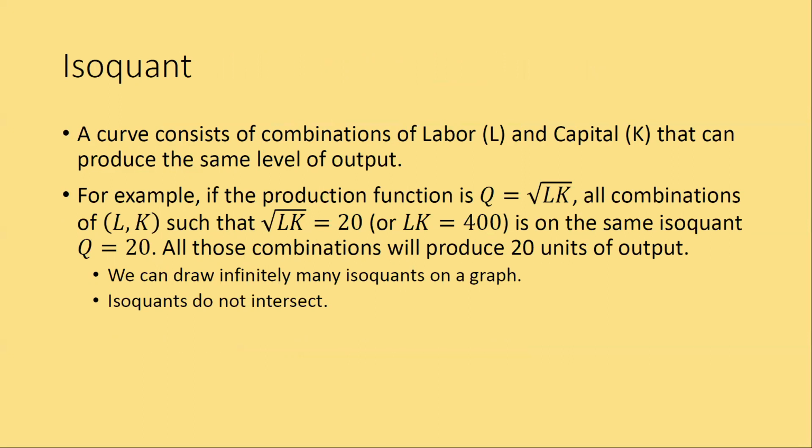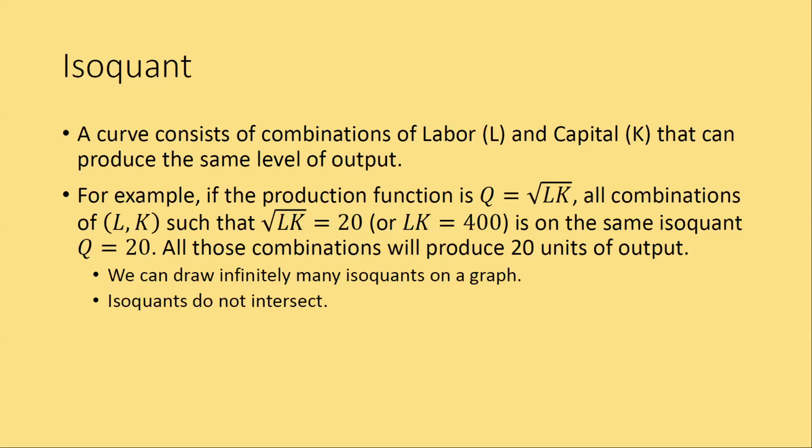So isoquant is something that is giving us the same quantity, all right? And the definition of it is that it is a curve consisting of all the combinations of labor and capital that we can employ, and all those combinations of labor and capital are going to produce the same level of output, the same quantity.